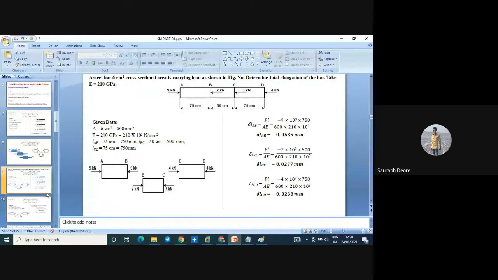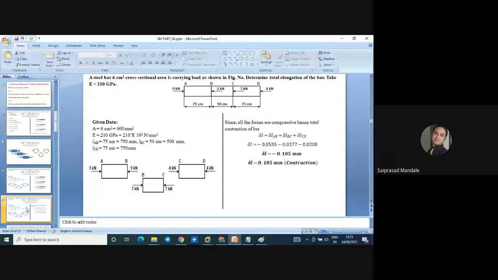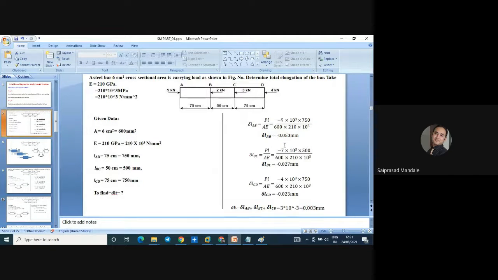I don't have the answer with me. I have the answer like this: delta L of AB is equal to 0.053. You are telling me 0.053, perfect. First answer is correct.